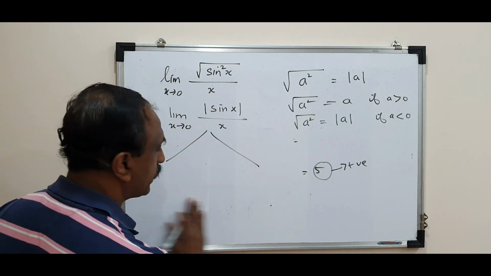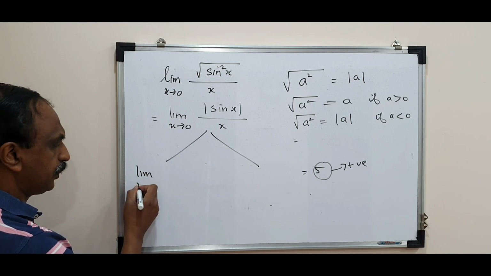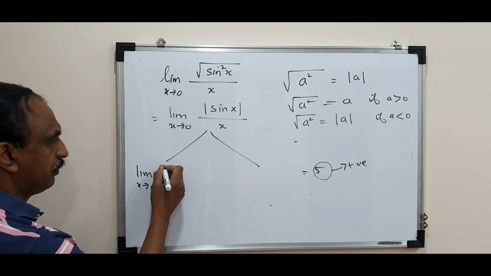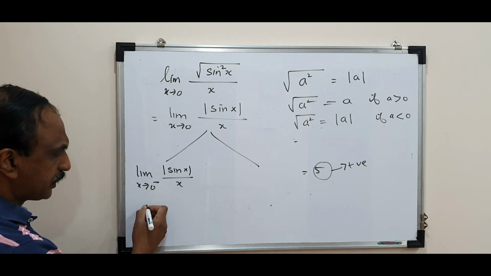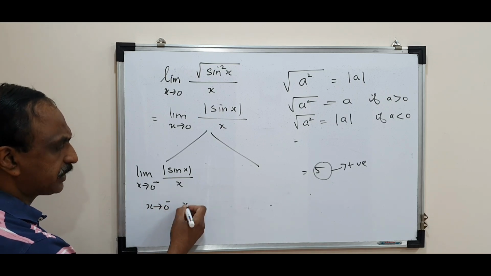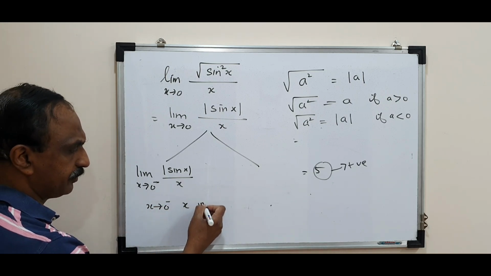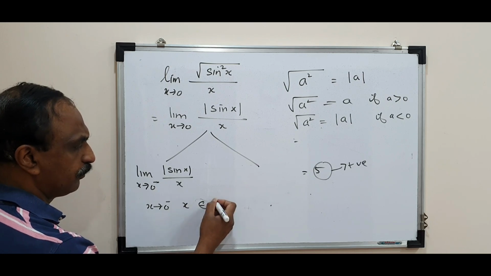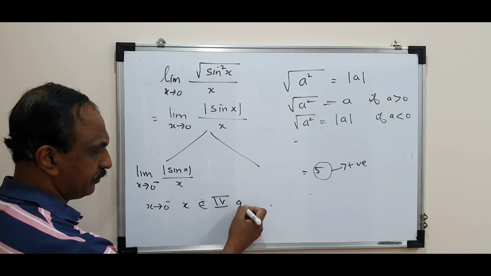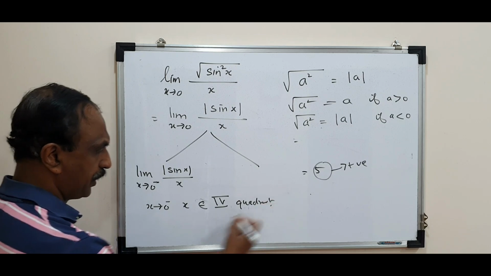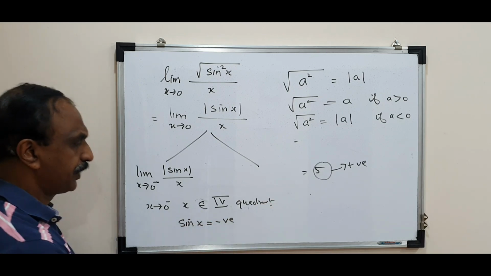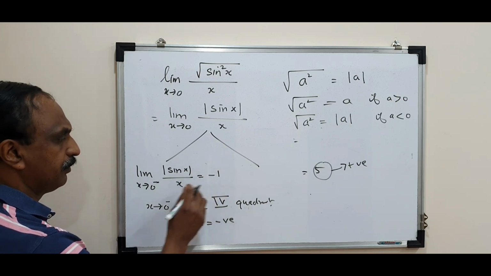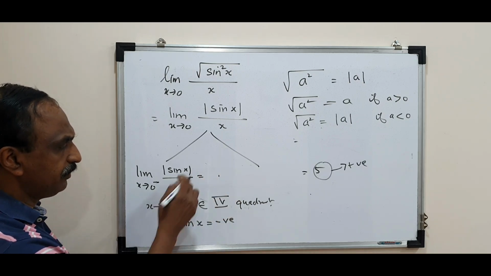Limit x tending to 0 minus of modulus of sine x upon x: x lies in the fourth quadrant, therefore sine x will be negative.